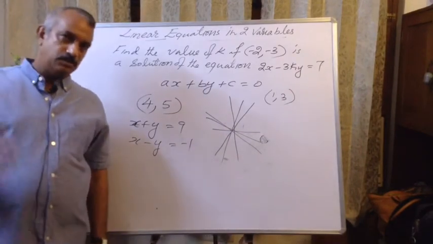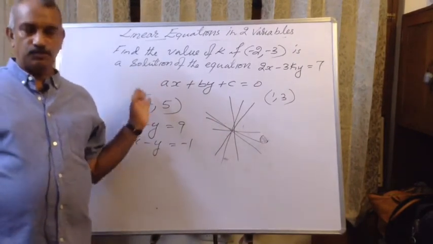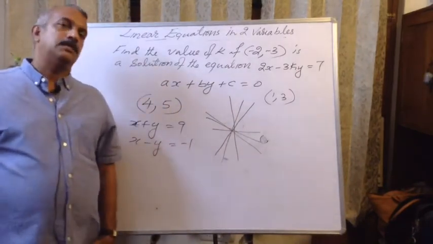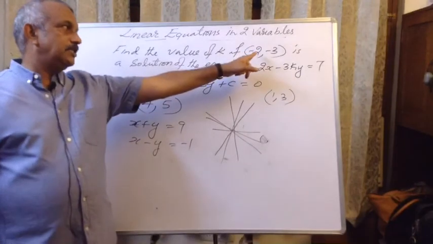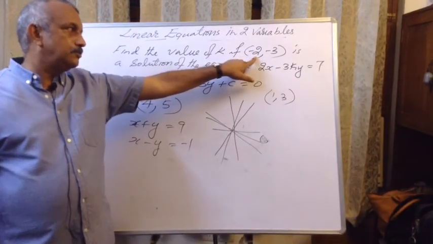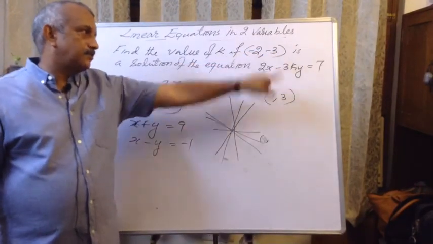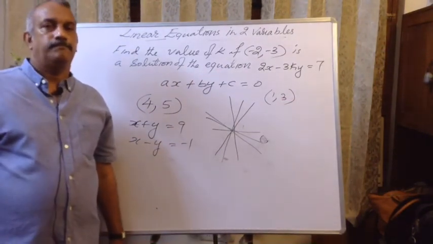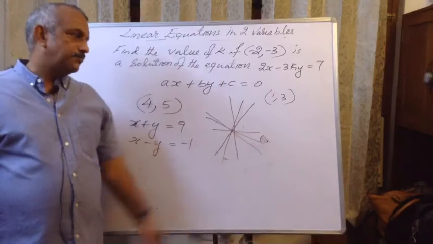And if it is a solution, if you substitute those values, you should get LHS is equal to RHS. So substitute in the place of x, put minus 2, and in the place of y minus 3, you will get value for k. So only this part is there.